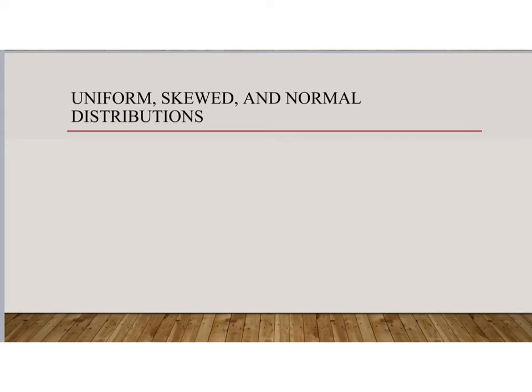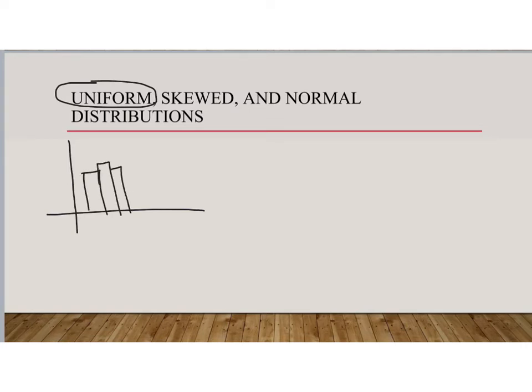So first of all, if we have a set of data that is uniformly distributed, uniform means that there's a similar amount in each one. So a uniform distribution, if we did a bar graph or histogram, would look something like this. Pretty uniform.